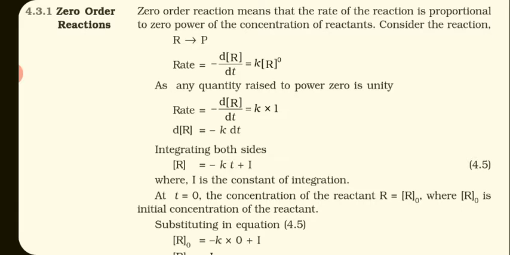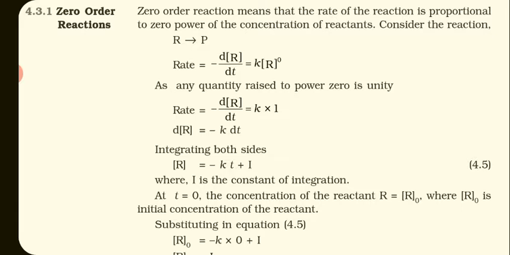If we transpose dt to the right side, we can write the differential of reactant R, whose concentration is in mole per liter, is equal to minus k, the rate constant, into dt.